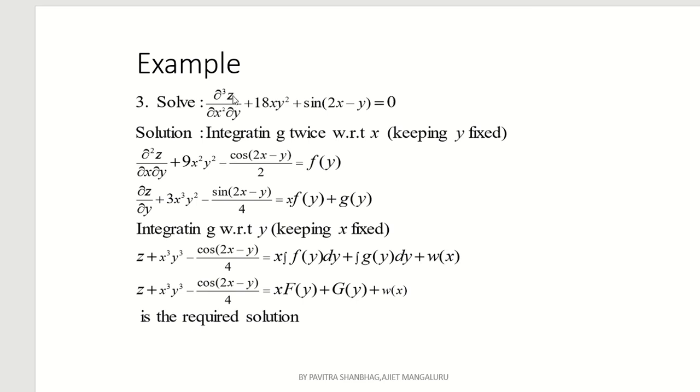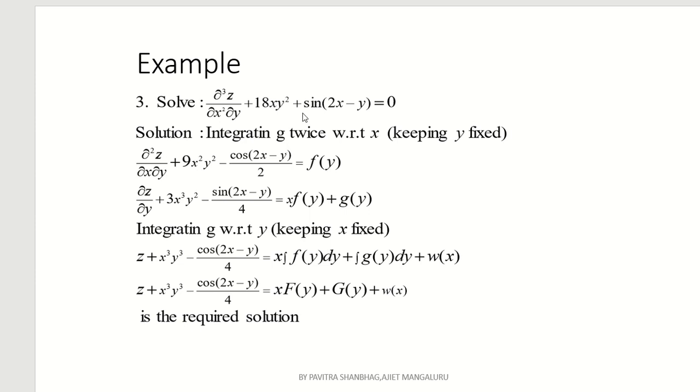Now first let us integrate with respect to x once. Then what will you get? ∂²z/∂x∂y, because one we are removing here. Now with respect to x, y is constant. So here what you will get: plus 18y² constant, integration of x dx is x²/2, so 18/2 is 9, 9x²y².